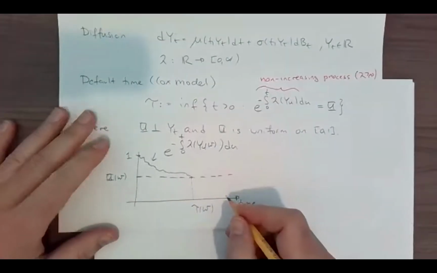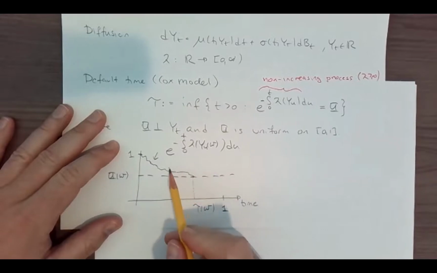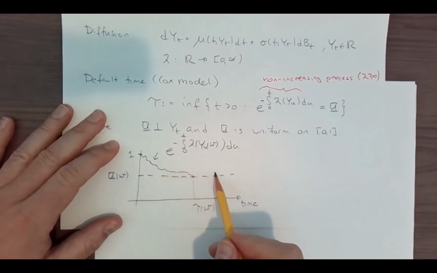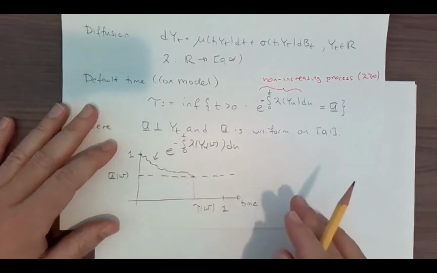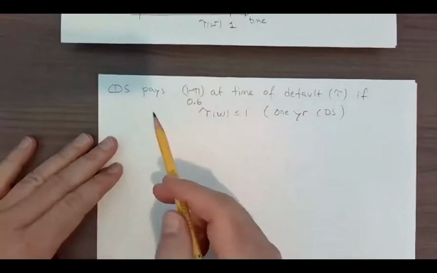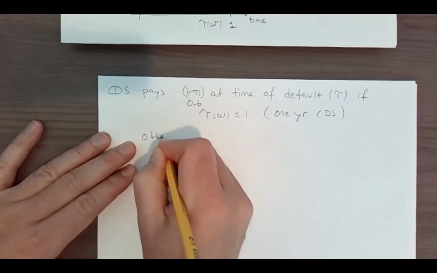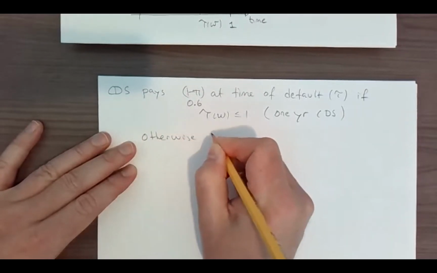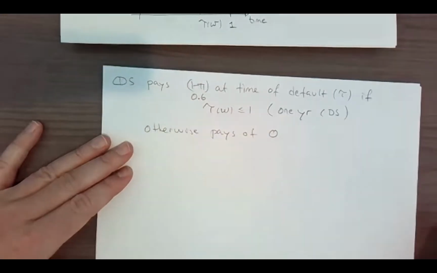So there's a 1 year window, and it might very well be that this process never gets below U within that 1 year window. In that case, the CDS pays out nothing. Otherwise, it pays out 1 minus pi.